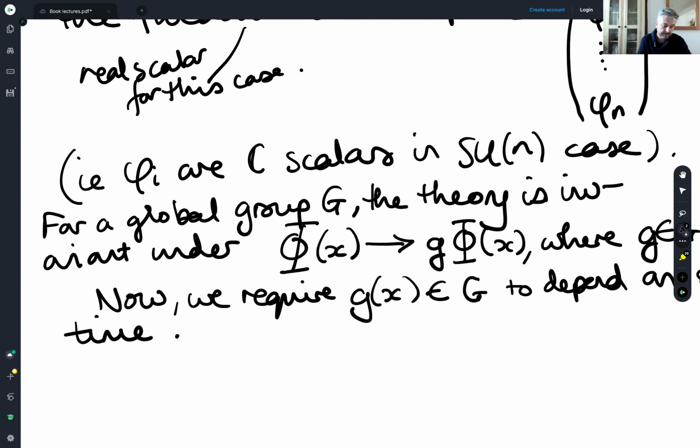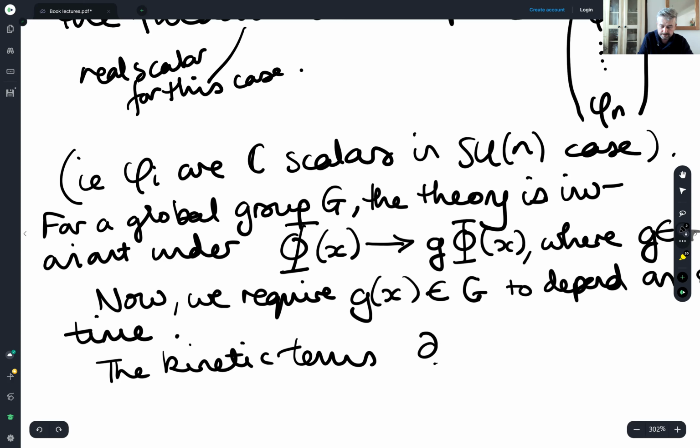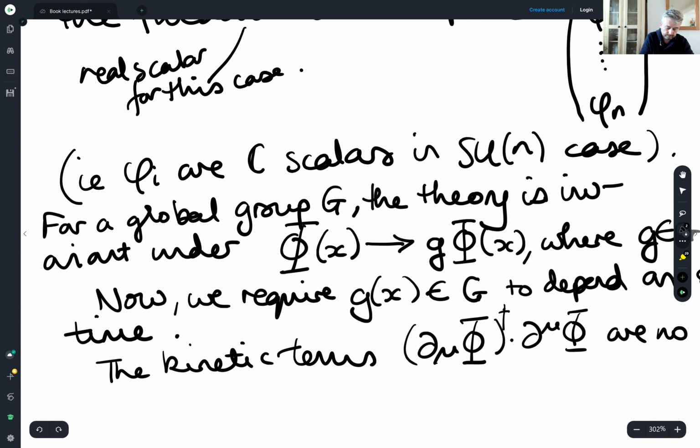So the kinetic terms, again, are no longer invariant. The old kinetic terms that we had, d mu phi, are no longer invariant because of the x mu dependence in phi.